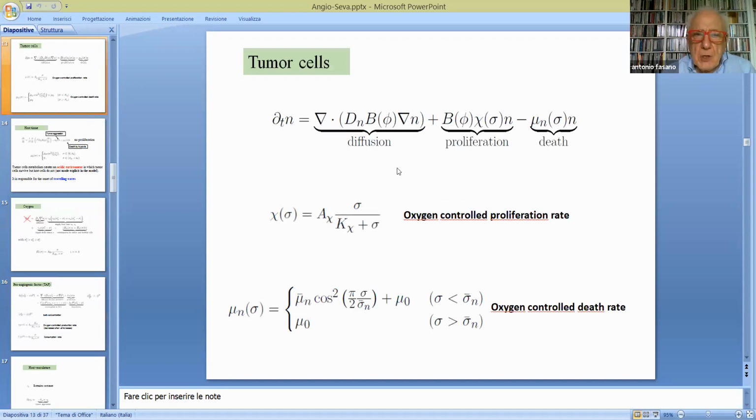Now the model has several equations. One is for the tumor cells. The tumor cells are generated at a rate which depends on the oxygen concentration. So this is an oxygen-controlled proliferation rate. They die at a rate which also depends on the oxygen concentration.